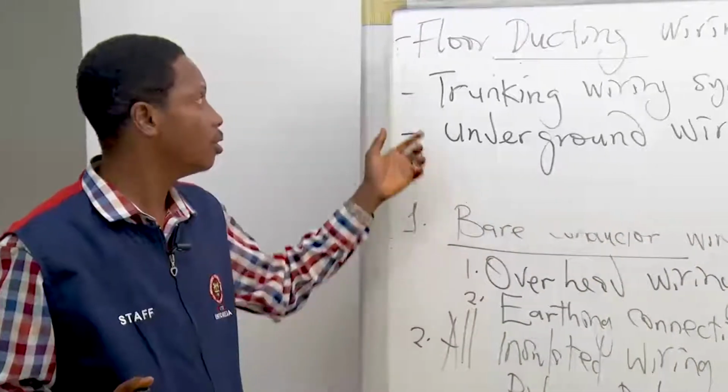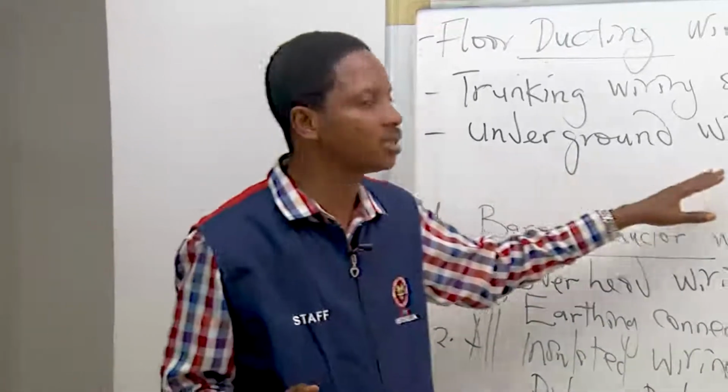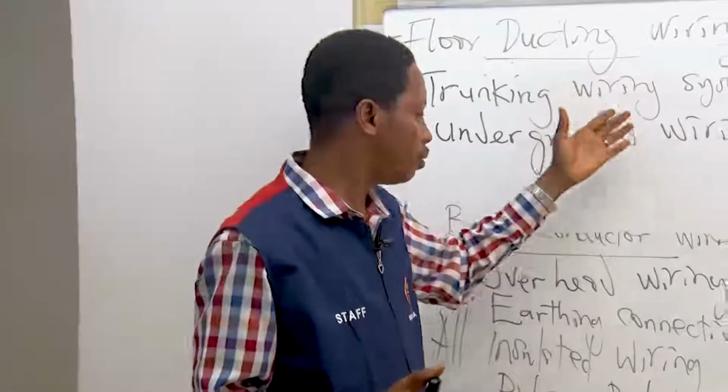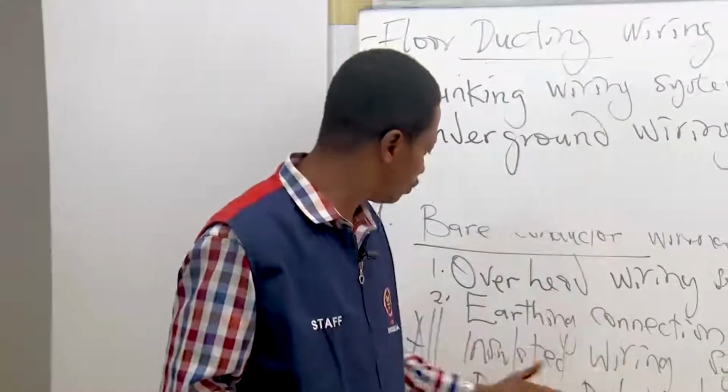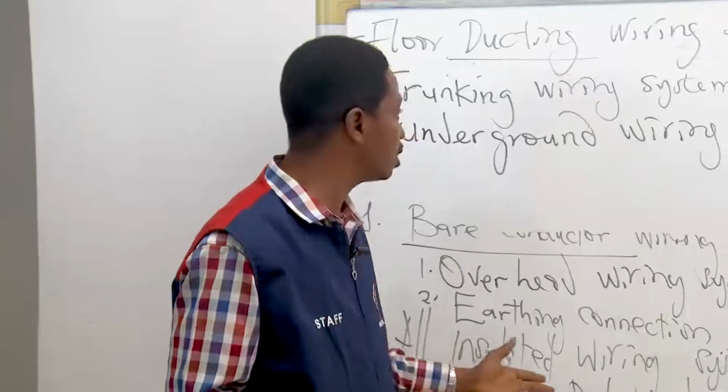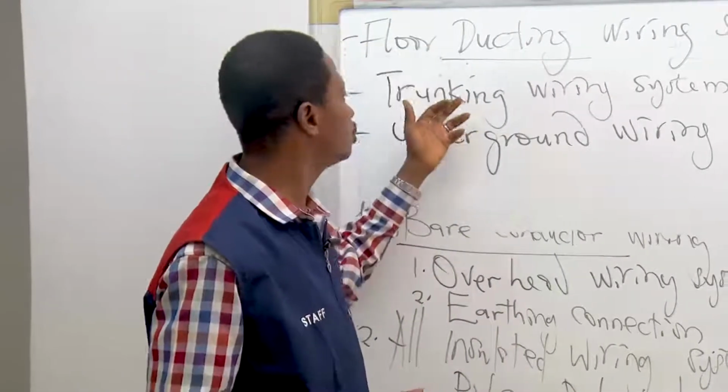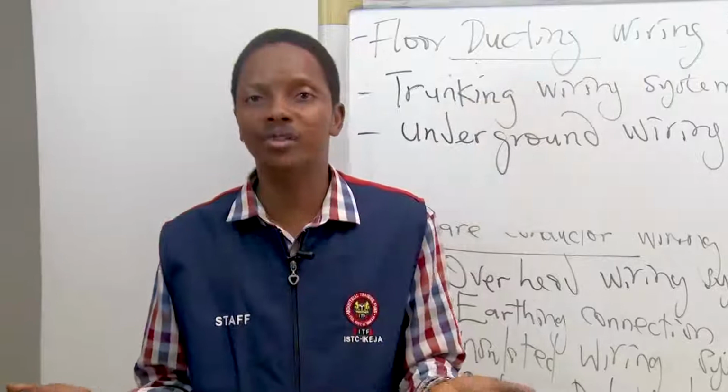So for underground wiring system, from number 2 point, from all insulated cable to floor ducting to trunking, we are still making use of PVC cable.